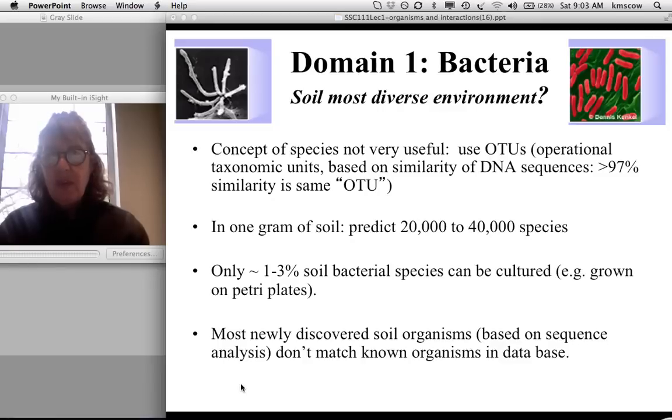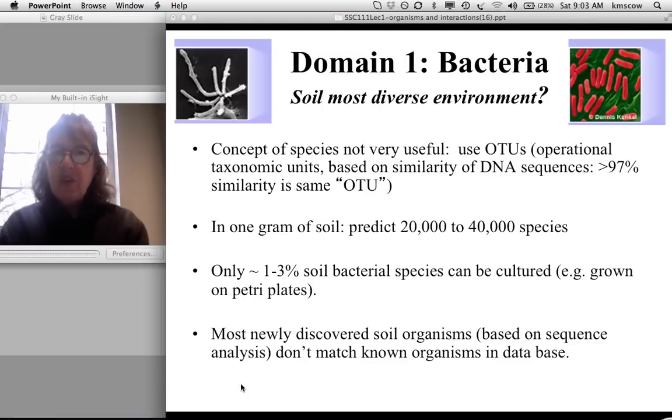Okay, so we're going to give a brief overview of each of the major domains of microorganisms. And we're going to start with bacteria. Just to back up for a second, soil is an amazing substance. We think that it's the most diverse environment or ecosystem in the world.